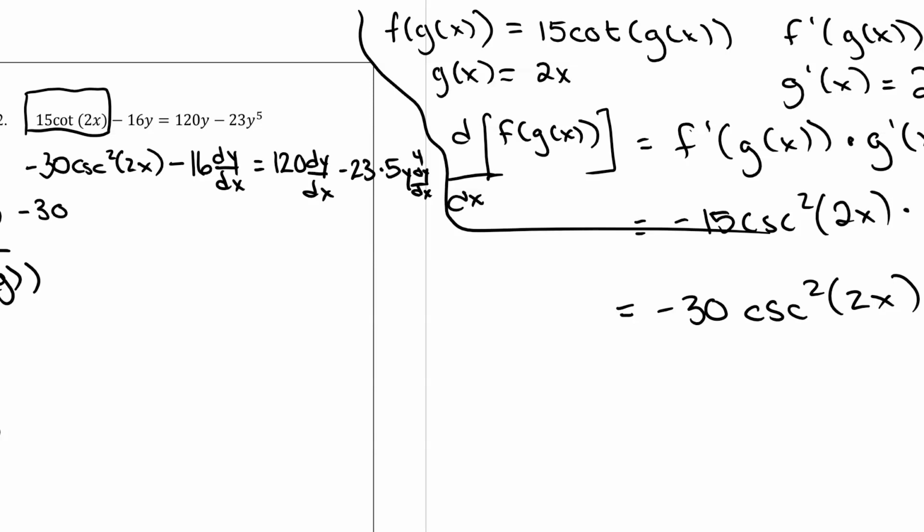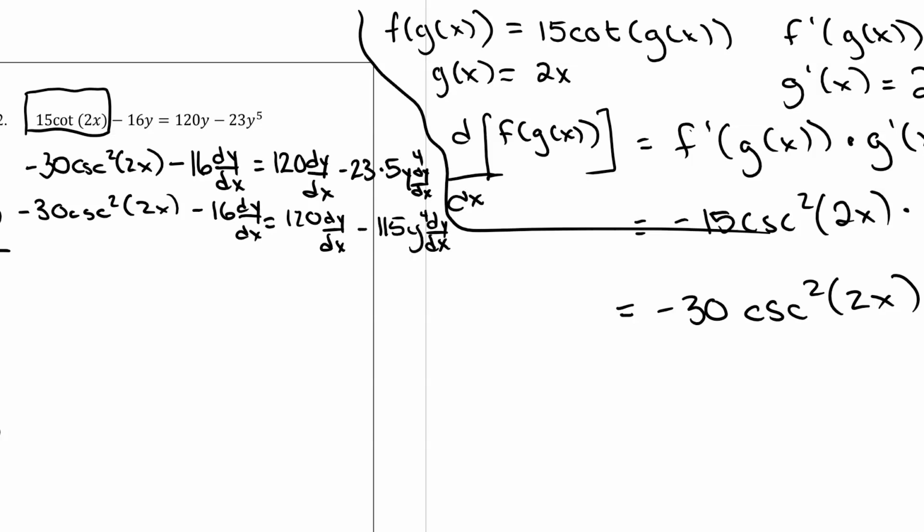So negative 30 cosecant squared 2x minus 16 dy dx equals 120 dy dx minus 23 times 5, which is 115 y to the 4th dy dx. Move all of our terms with dy dx to the left-hand side, and every term without dy dx to the right-hand side.